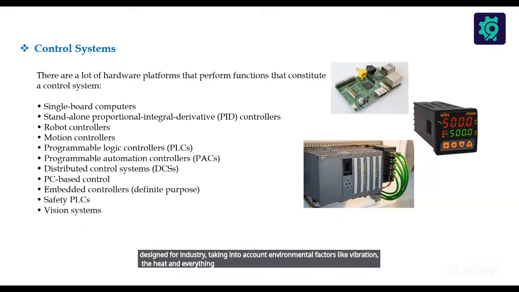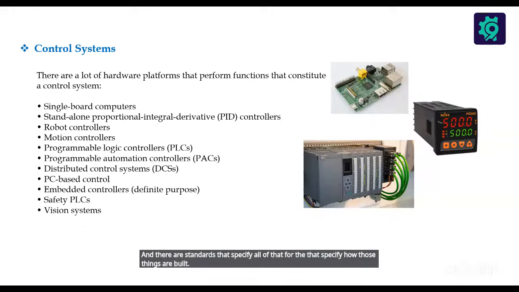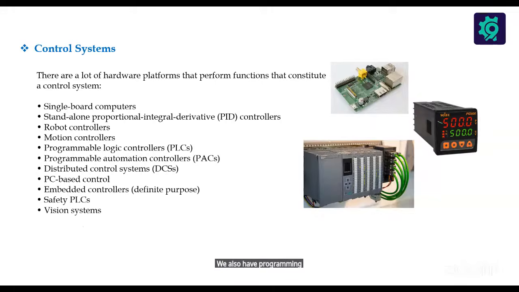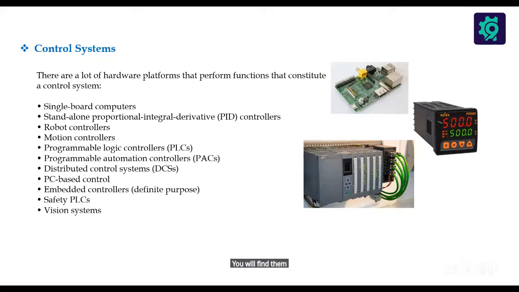They were built specifically for industry, and there are standards that specify how those things are built. We also have programmable automation controllers, and distributed control systems, which you will also find in industry.